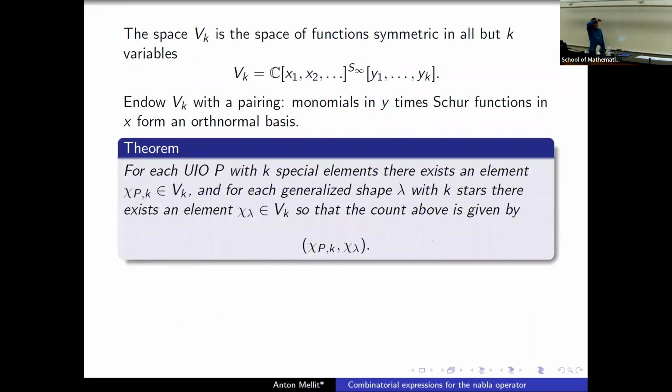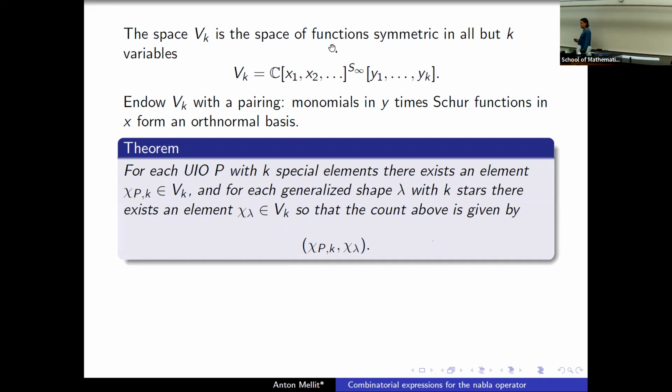It turns out that the Shareshian-Wachs theorem can be generalized to this kind of counting. Some people who read our proof of the shuffle conjecture are acquainted with this space V_k. So instead of symmetric functions, we have to consider this space V_k. It is the space of functions in infinitely many variables, not symmetric, but symmetric in all but k variables.